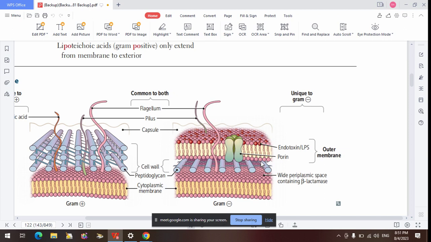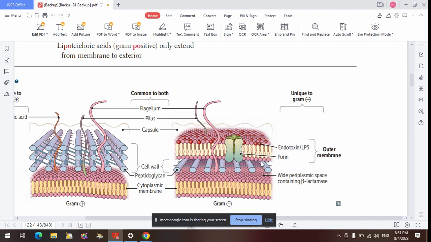We said penicillin binding protein has transpeptidase activity. Transpeptidase means you are cross-linking peptide side chains. Peptide side chains are attached to carbohydrates. What are the carbohydrates? N-acetyl muramic acid and N-acetyl glucosamine.